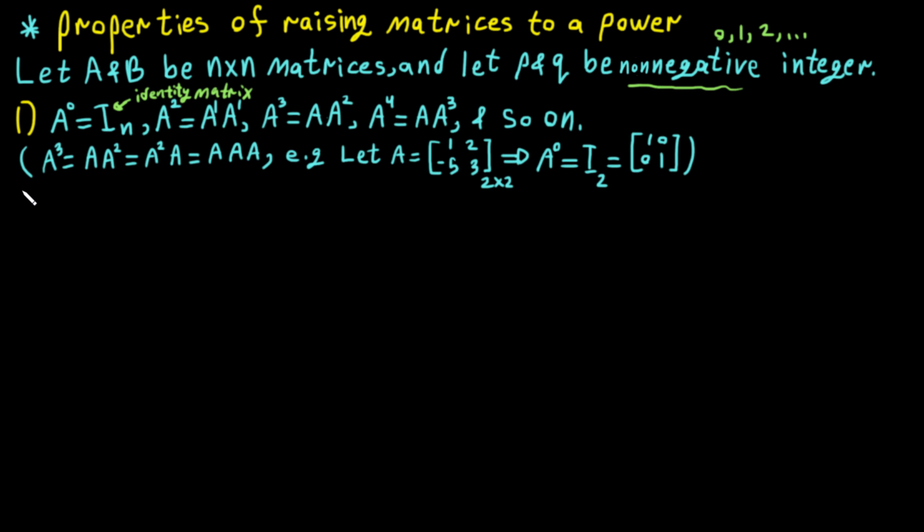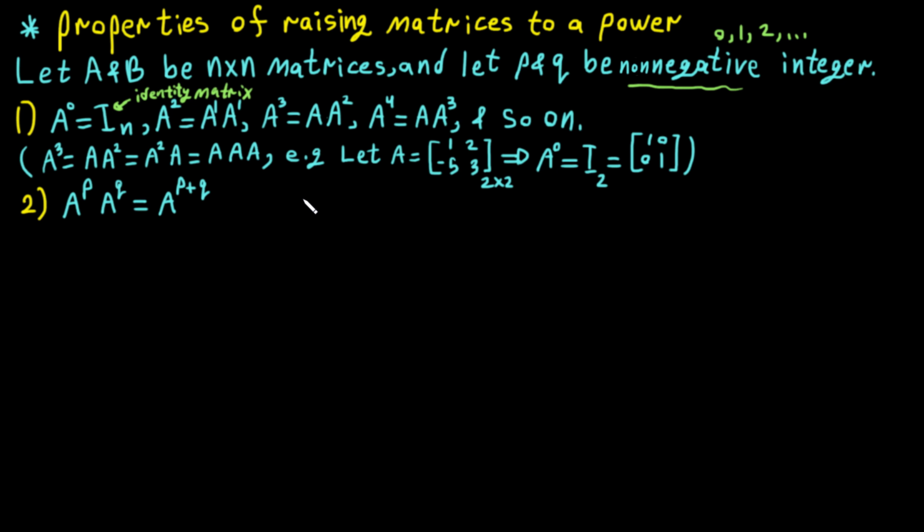Let's write the second property here. A^p multiplied by A^q, where p and q are non-negative integers, equals A^(p+q). So for example, if you have 3 here and 5 here, the answer is going to be A^8, which is the same as this property.